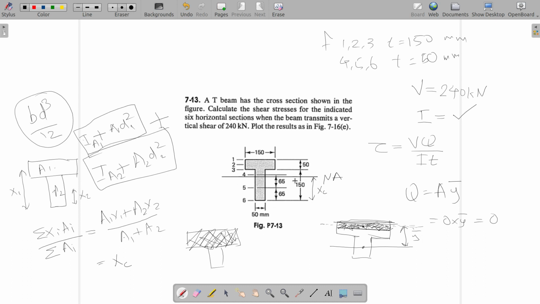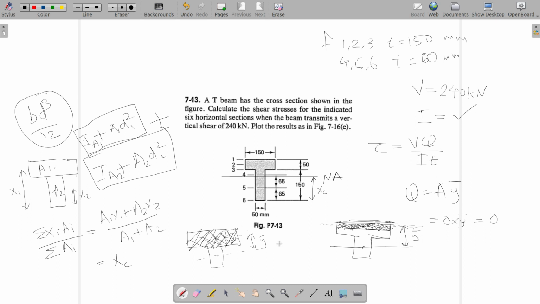So I'm simply assuming that neutral axis is here. In that case, this is the area we need to consider. If neutral axis was here, we should have considered the area below it. So this is A, and y bar will be the distance between centroid of the whole section and centroid of the shaded area. So A multiplied by y bar will give you Q, which can be substituted here.